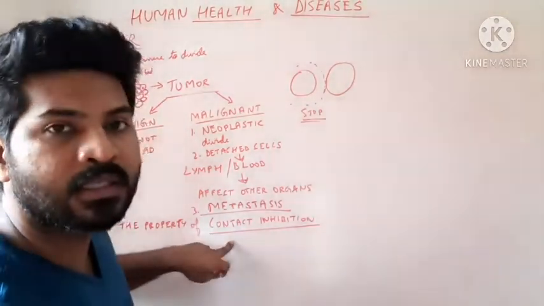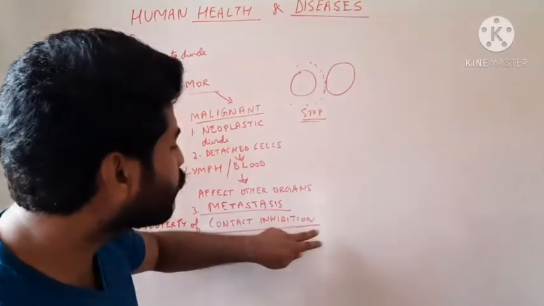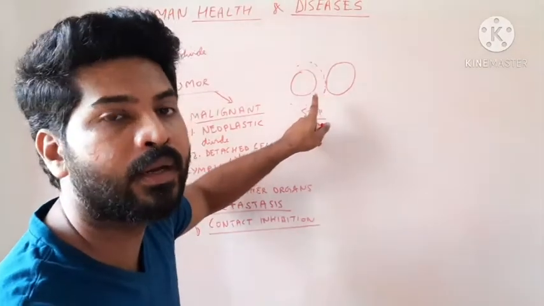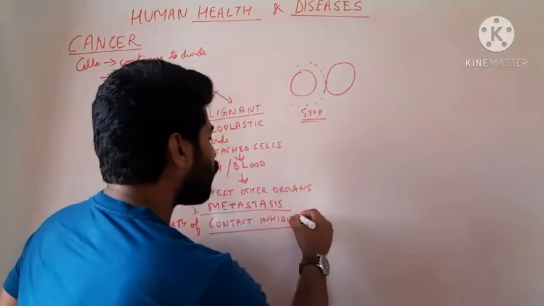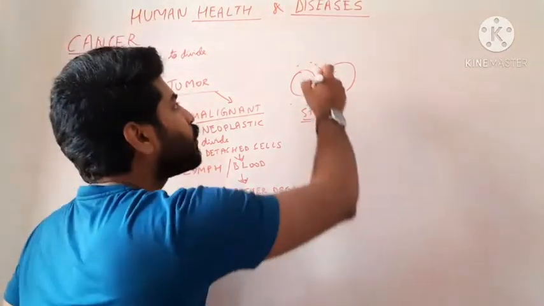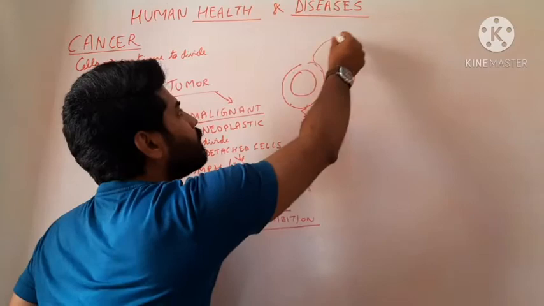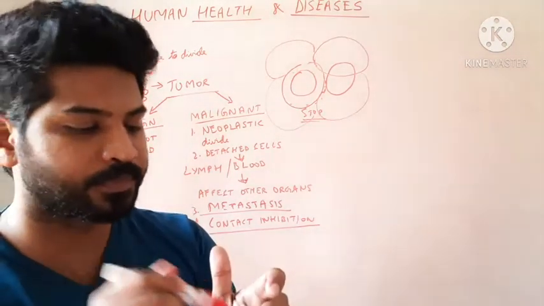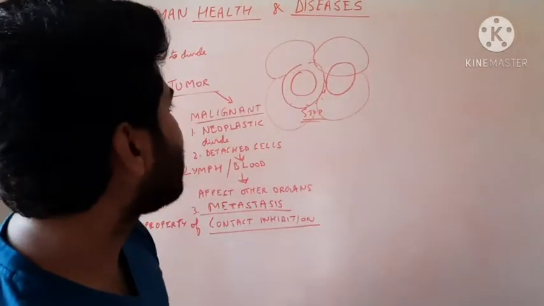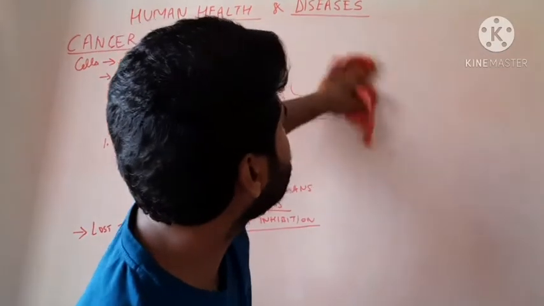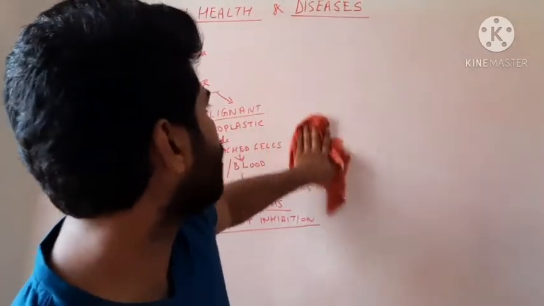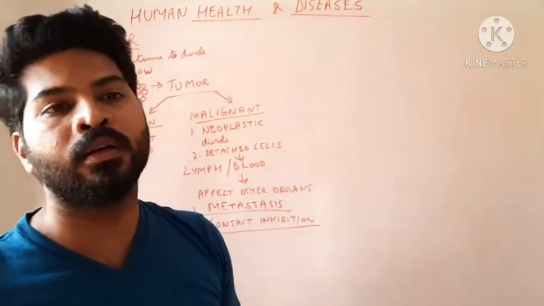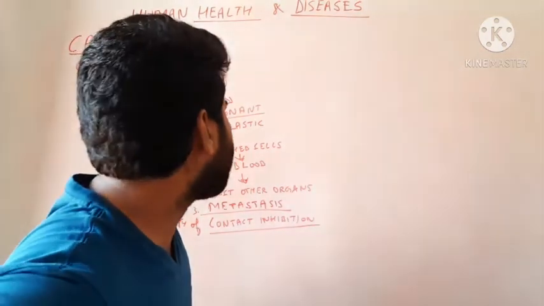But in cancerous cells, the property of contact inhibition is lost. Therefore, cells continue to grow and divide, forming a mass of cells called a tumor. So that is how cancerous cells are different from normal cells. Normal cells naturally die, whereas cancer cells do not die. That is why they continue to divide.